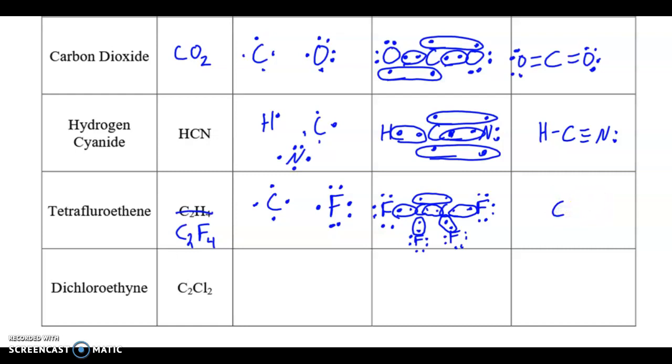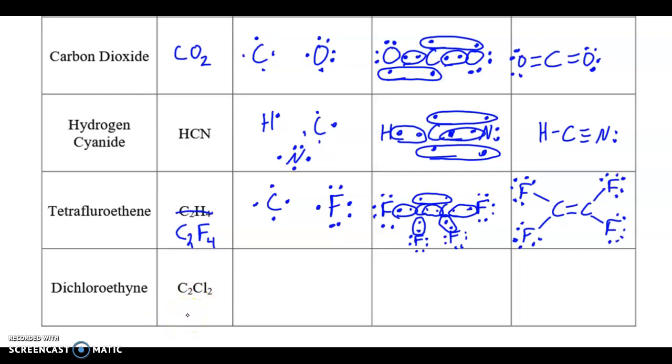So you'll end up with something like this. And on molecules like this, you can see why the structural formula is so much better than the diagram that shows the sharing, because there's just so much going on in this diagram. But this one is simplified enough that we can see the bonds. And there's just a lot of lone pairs out there on those fluorines, but that's always with the halogens.